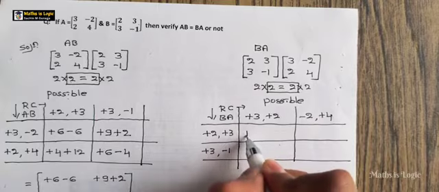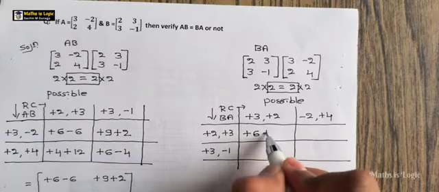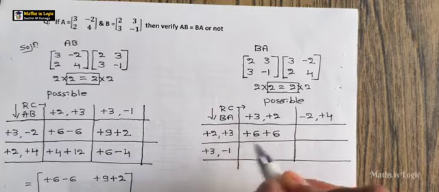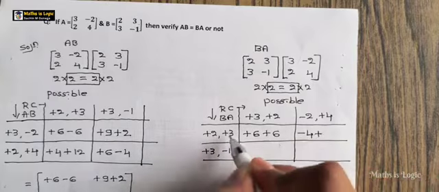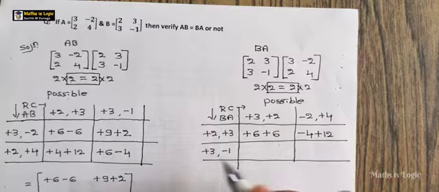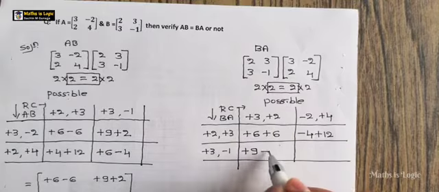So plus into plus, plus 2 into 3, 6. Plus into plus, plus 3 into 2, 6. Plus into minus, minus 2 into 2, 4. Plus into plus, plus 3 into 4, 12. Plus into plus, plus 3 into 3, 9. Minus into plus, minus 1 into 2, 2.